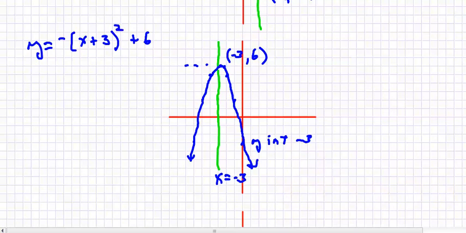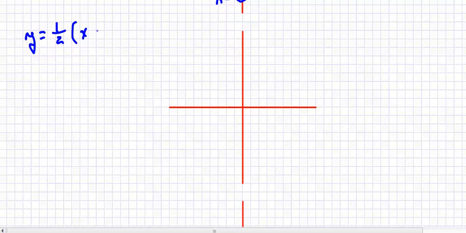All right, what happens when the coefficient is not 1? We'll do one more. y equals 1/2 times (x plus 1) quantity squared minus 4.